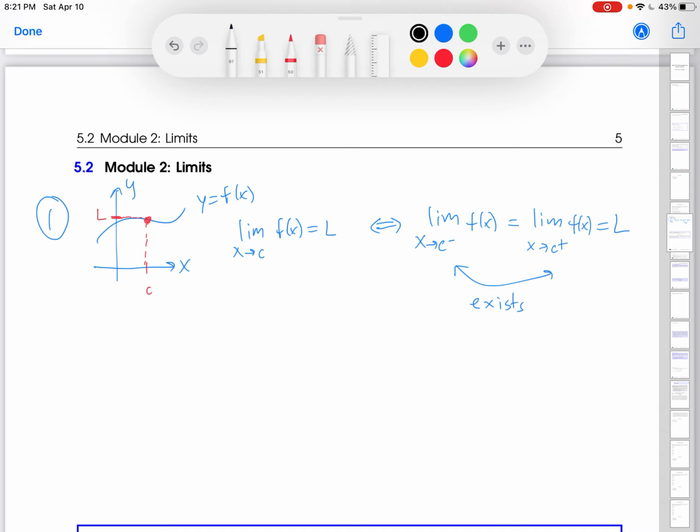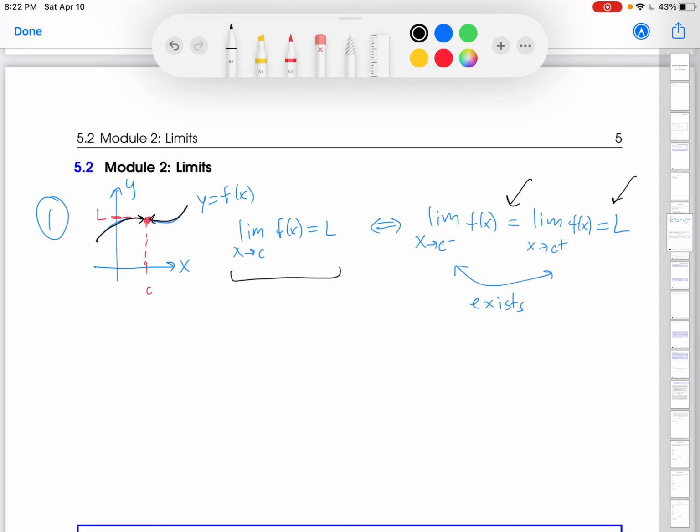In other words, if I approach c from the left, I should get a number. It should be the same as if I approach c from the right. I should also get a number. It should be the same as L. It was under that condition that we said this so-called general limit existed and was equal to that common value of L.